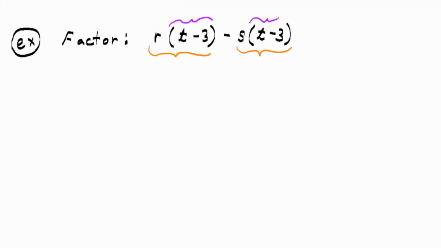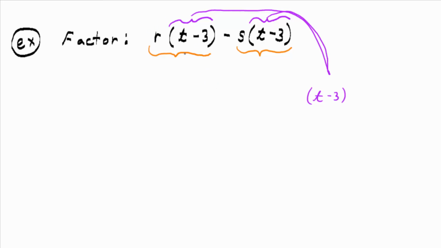So we can treat the quantity just like we would treat any other variable or any other number. Since it's the same in both, we can undistribute it. We can factor it out. Imagine pulling the quantity out. So I'll pull it out on the right here, although you could pull it out on the left. Imagine, in other words, undistributing the quantity t minus 3 from both of the terms. And then what's left from the first term?